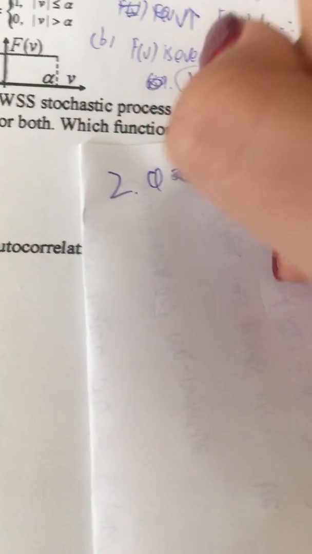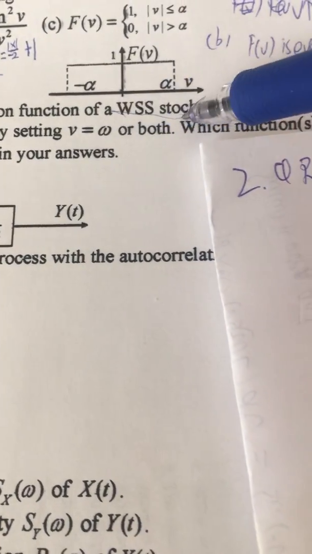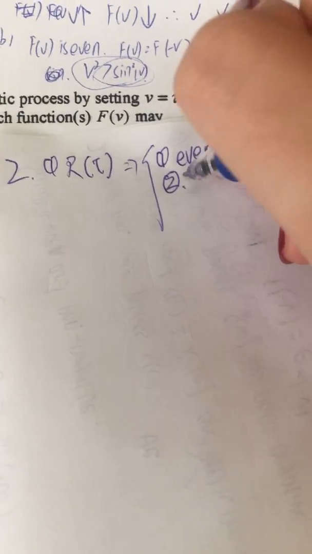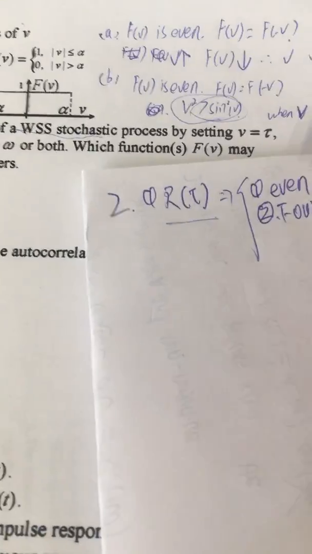The first one, for the autocorrelation function, because this is a WSS process, first it should be even, and then the Fourier transform of it must be non-negative.